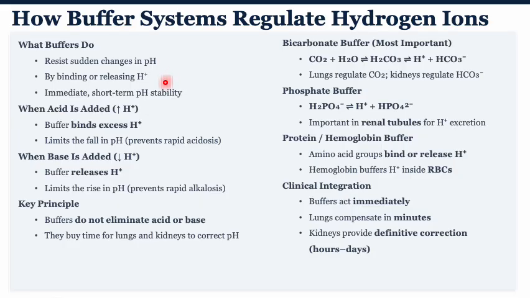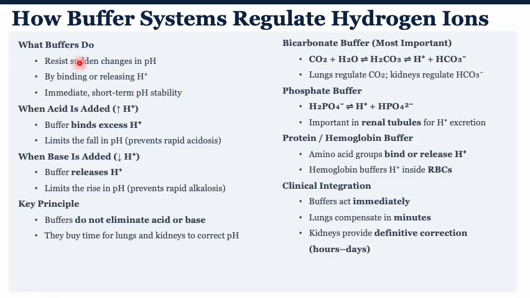Because remember, if hydrogen is increased in concentration, pH is going to decrease. So once the buffer system senses this, it will either bind the extra hydrogen, or if it needs to adjust the pH in the other direction, it will release some of the hydrogen.